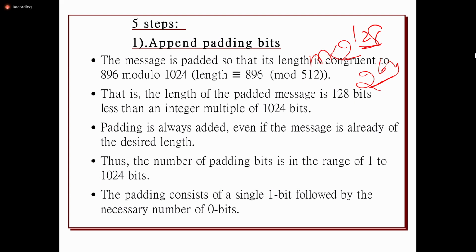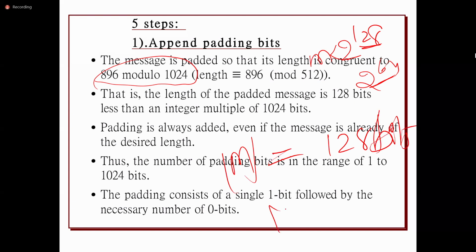So that is why it has to take 896 modulo 1024, because if the message consists of 2 power 128 bits, then the length of the message can be represented in 128 bits, isn't it? Suppose the length of the message is some 14.